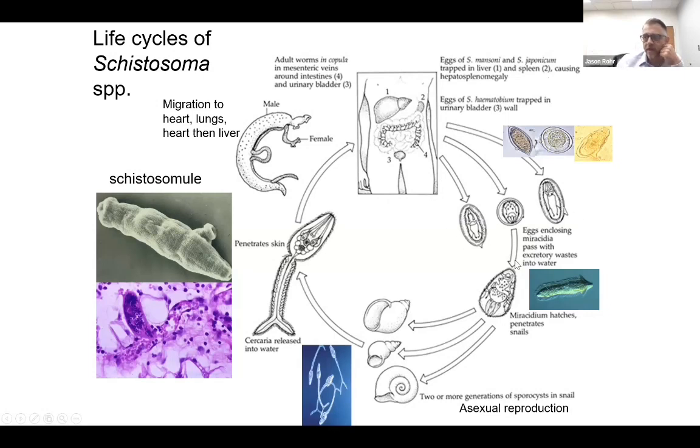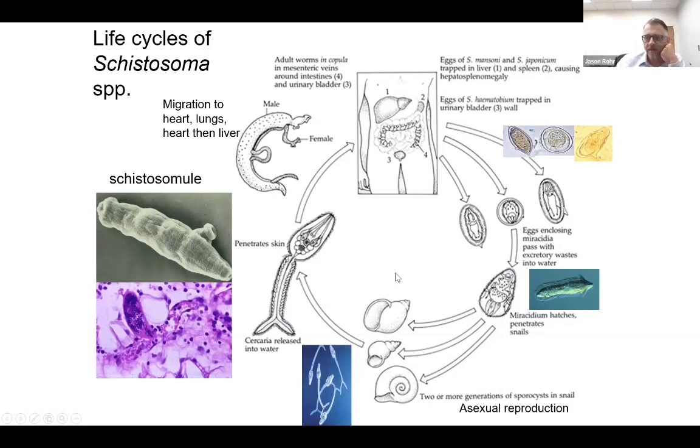Those eggs, once they hit fresh water, will hatch, and the miracidia will be released. These are a ciliated, free-living stage that swims through the water and is looking to infect one of three genera of snail hosts. There's a separate genus for each species of schistosome.